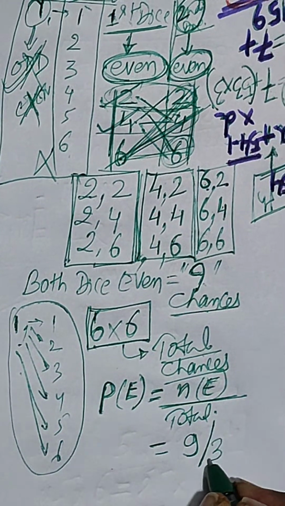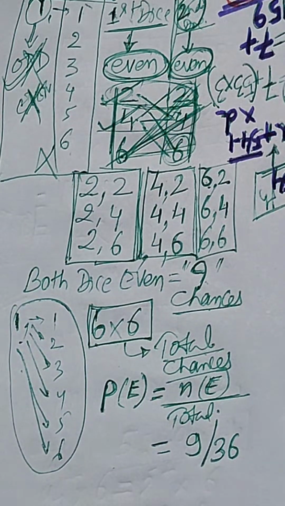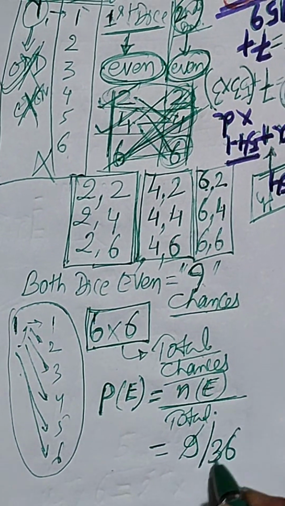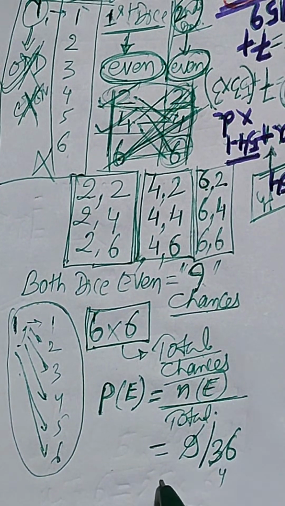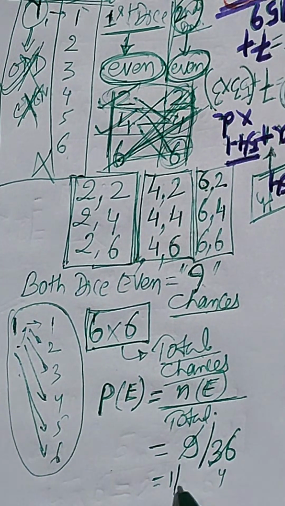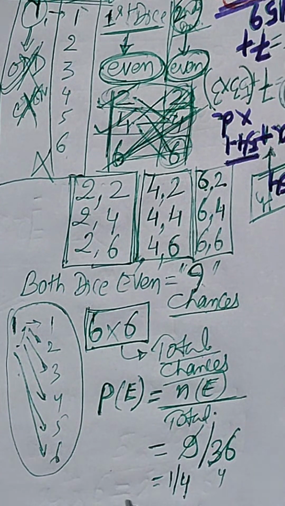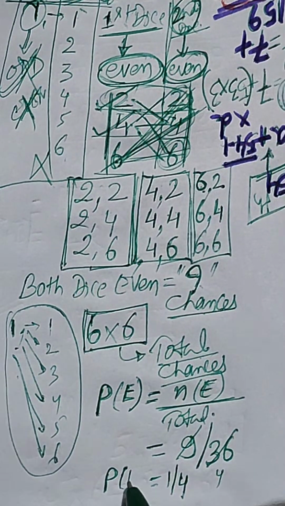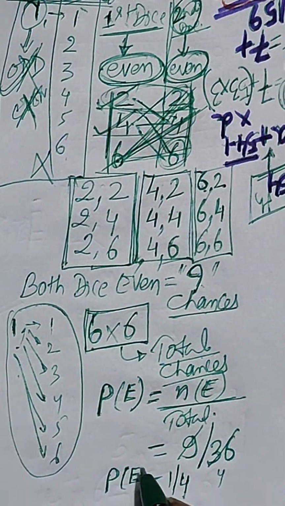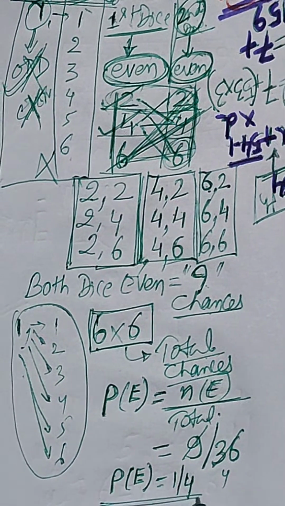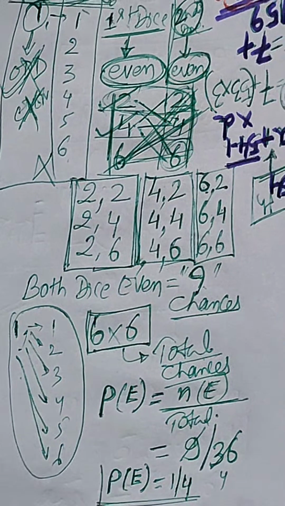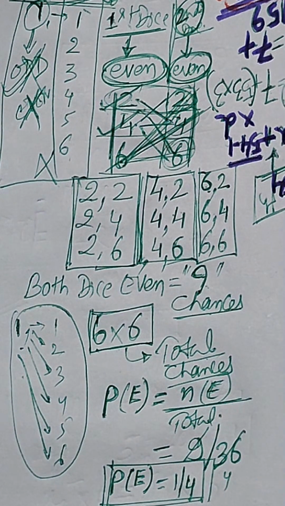So just put it into the denominator, right? Just solve it. 9 divided by 36 is 1 by 4. So 1 by 4 is the probability of the event. What event? The event is that when both the dices are rolled together, we are getting an even number on both the dices. So the answer is 1 by 4, my dear friends.